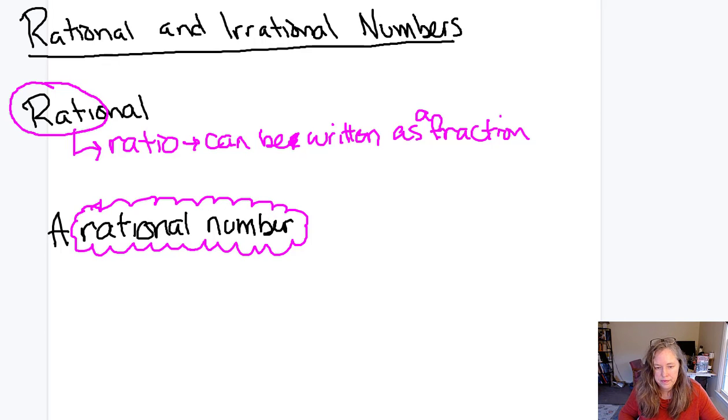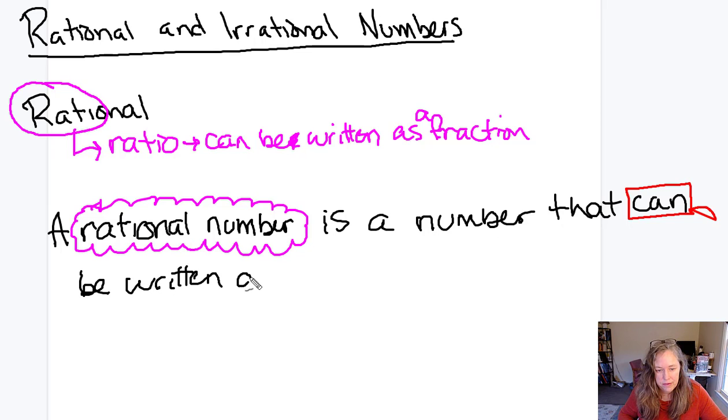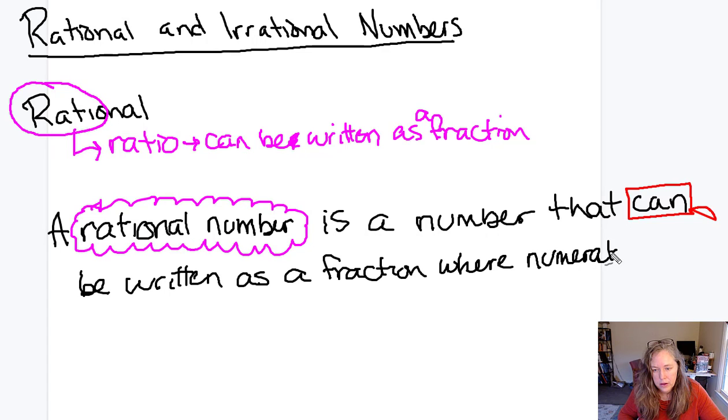A rational number is a number that can, and we're going to underline can, or maybe I'm going to box it, be written as a fraction where the numerator and denominator are whole numbers.